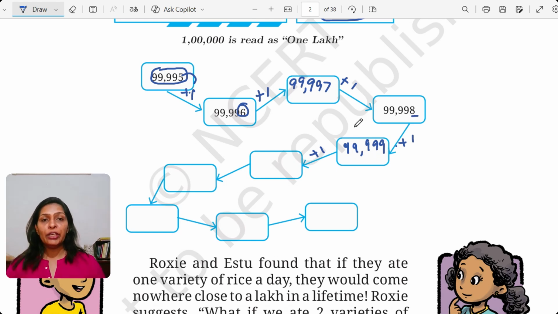Similarly, as I explained above, if I add 1 to 99,999, what am I going to get? I will get 1 lakh, our hero number, right? We are talking about this all the time. So this is 1 lakh. And then the sequence goes easy. We just have to keep on adding plus 1 to all of them.